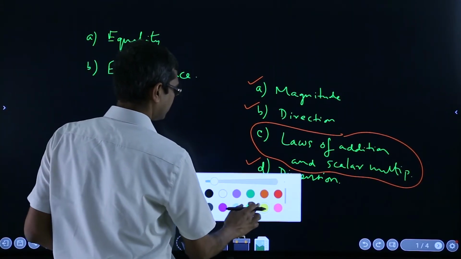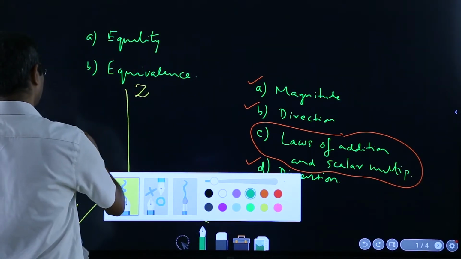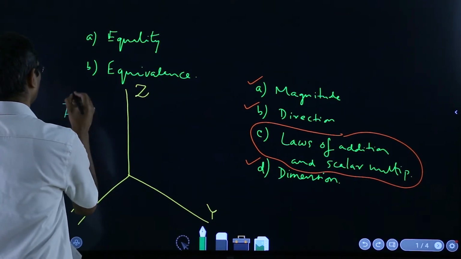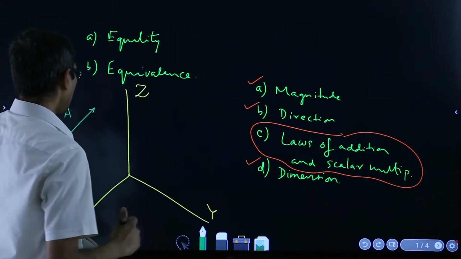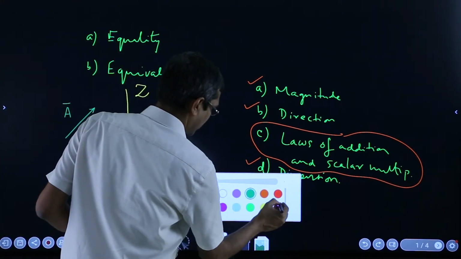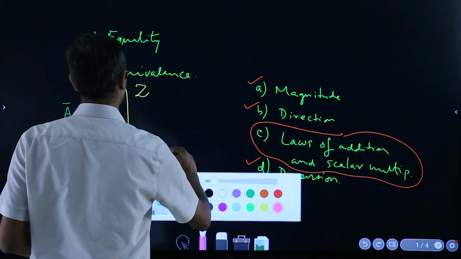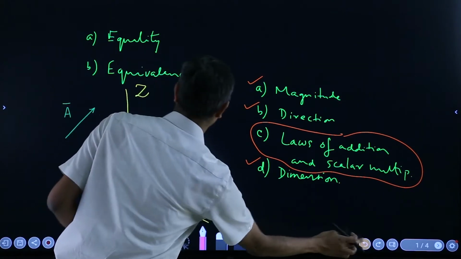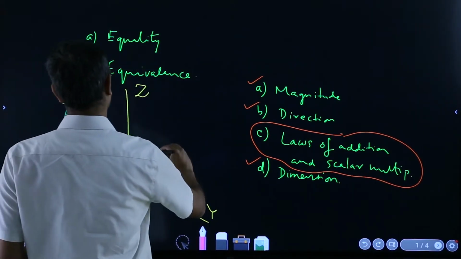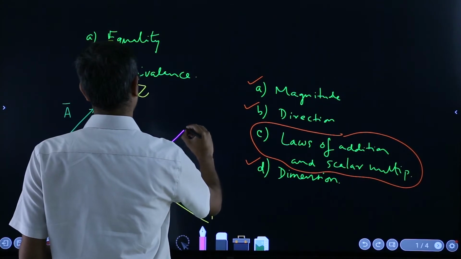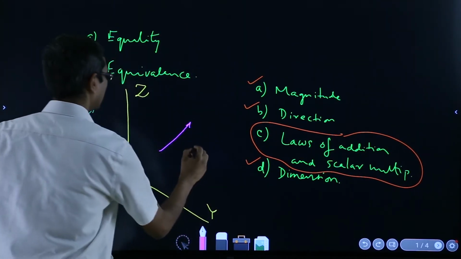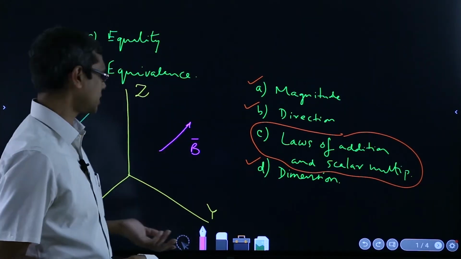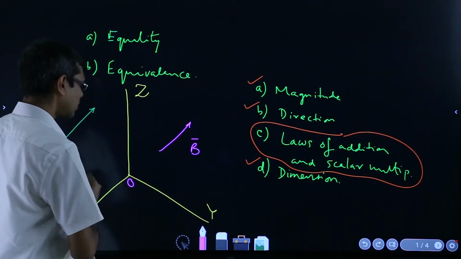Now on this, suppose you have a green vector here, I will call it A, and then there is a purple vector, B. They are situated at two different locations with respect to this origin O.